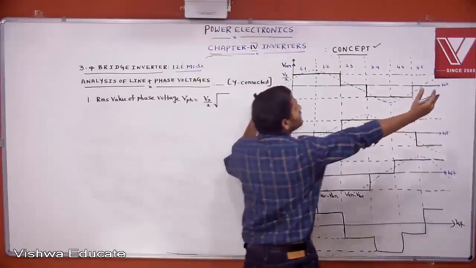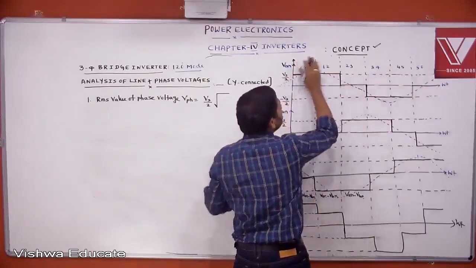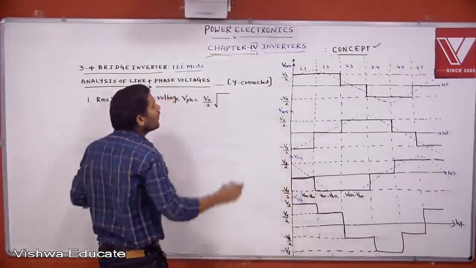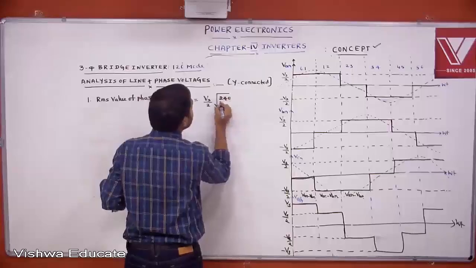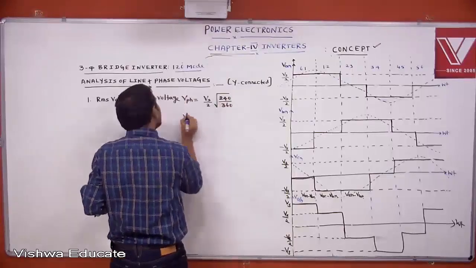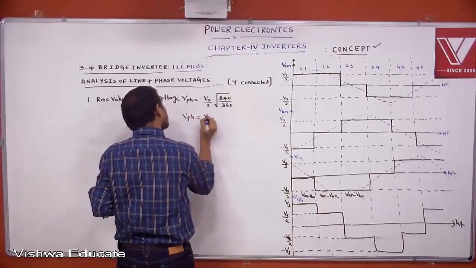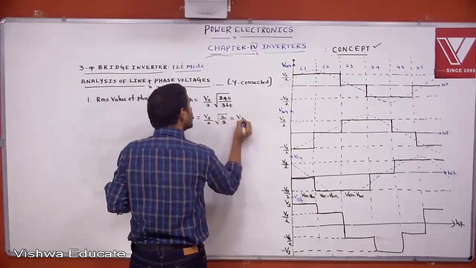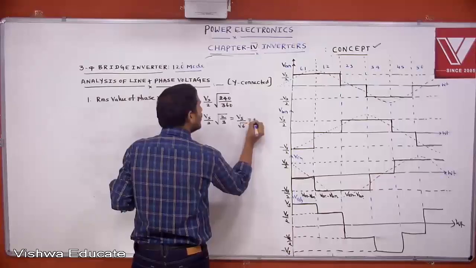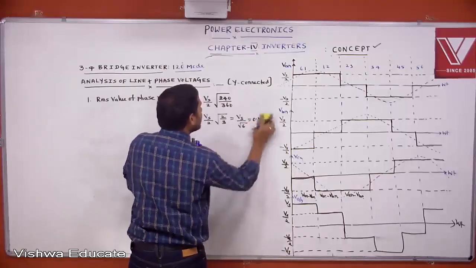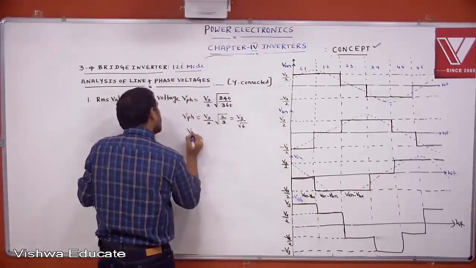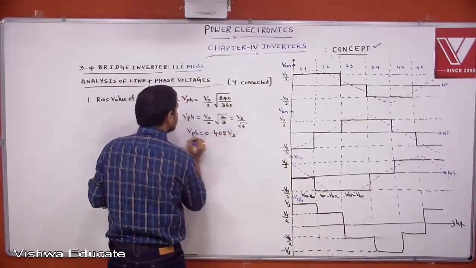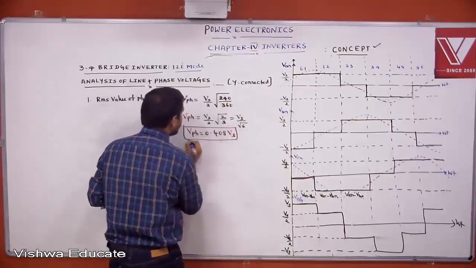The total is 360 degrees. 60 plus 60, 120. How much angle exists? 240 degrees. That is 240 by 360. Then the RMS value of phase voltage is Vs by 2 into square root of 2 by 3. How much do you get? Vs by root 6. What is 1 by root 6? Then V phase equals 0.408 Vs. This is the RMS value of phase voltage.